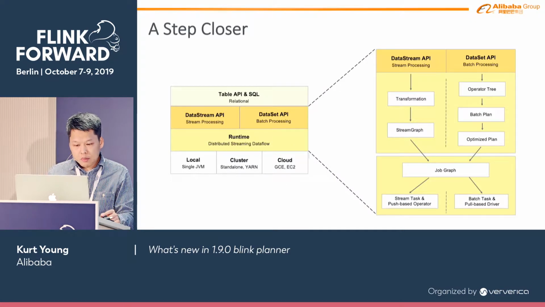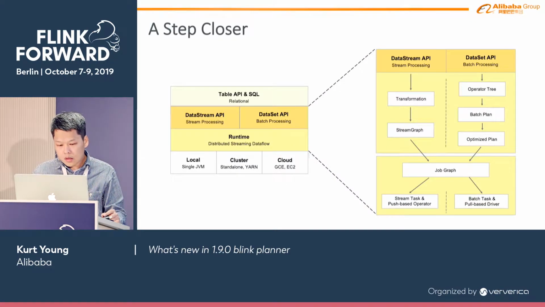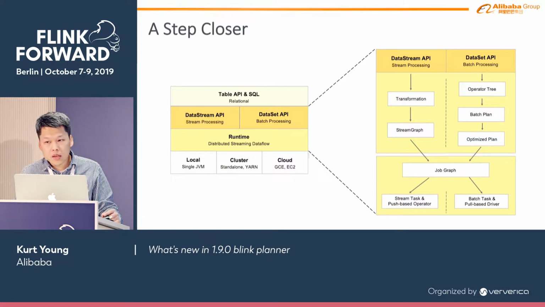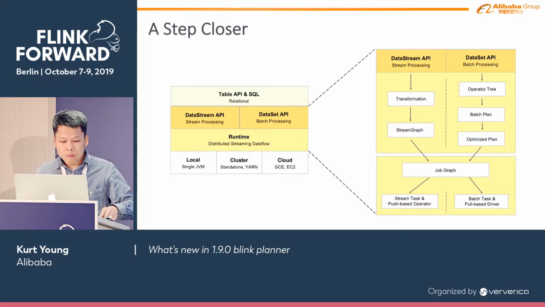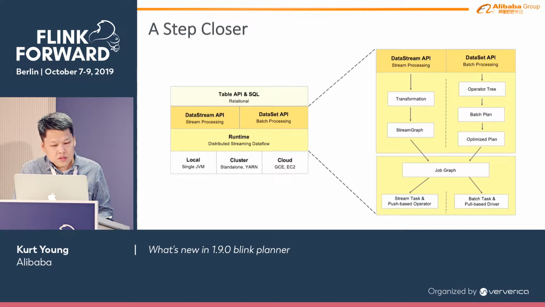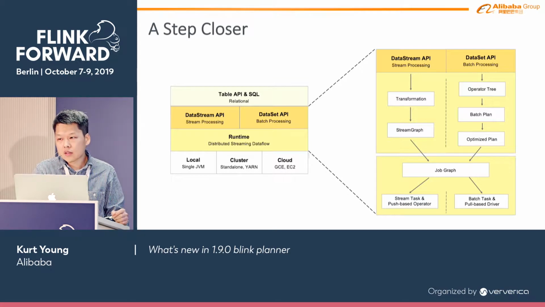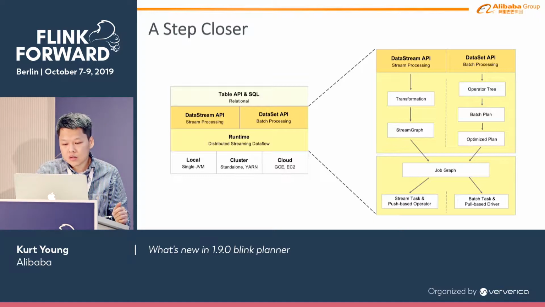So let me take a step closer to see the underlying of these two APIs. You will find some interesting things here. Aljoscha gave a very good explanation about this in another talk called the Flink 2.0 architecture.